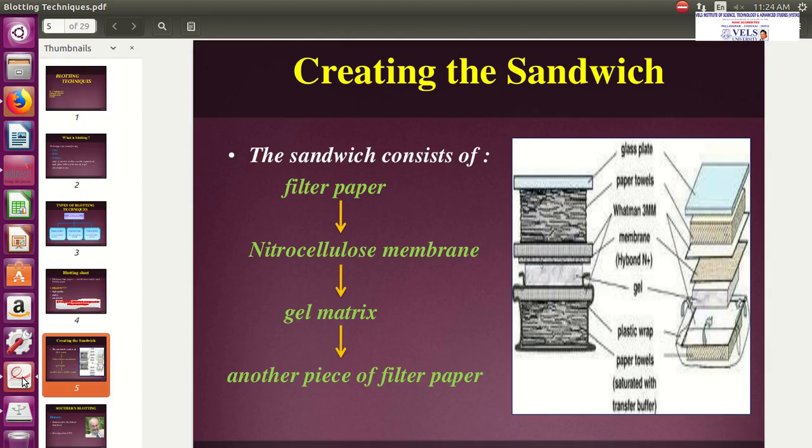And another important thing here is the membrane. The nitrocellulose membrane is commonly used for all the blotting techniques. Above the nitrocellulose membrane is Whatman filter paper, 3 mm thick, again paper towels and a glass plate. This comprises the blotting sandwich, which consists of filter paper, nitrocellulose membrane, glass plate and gel.